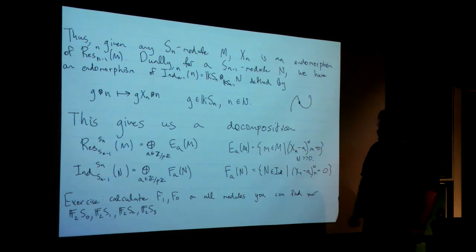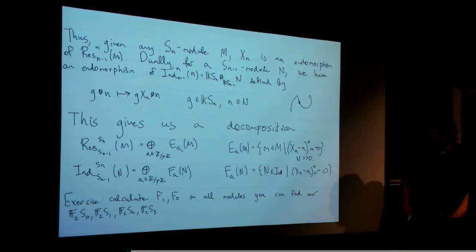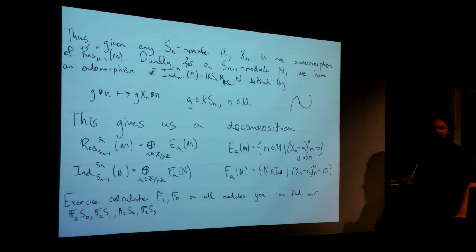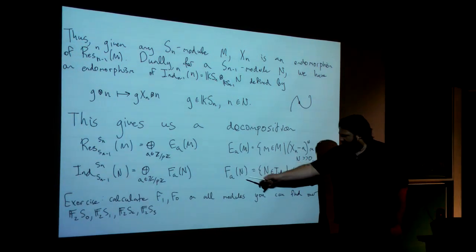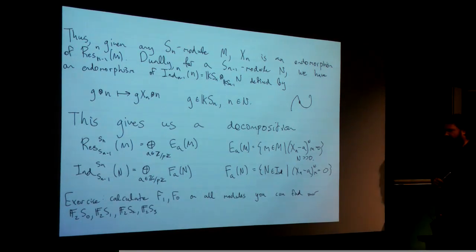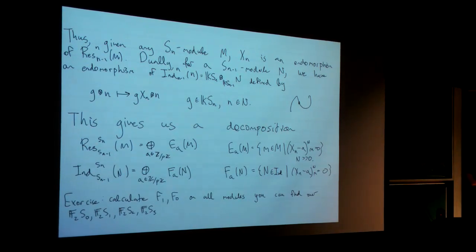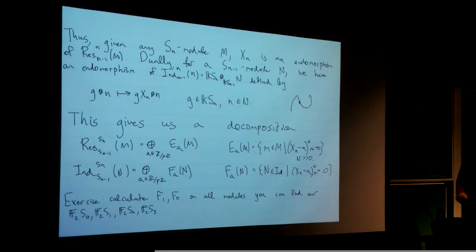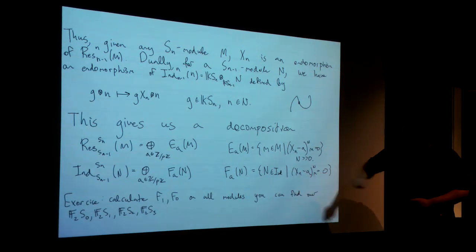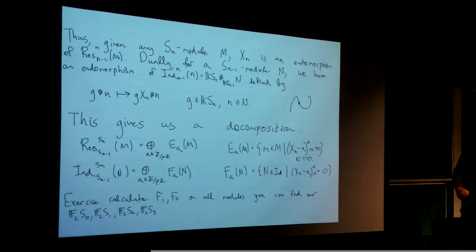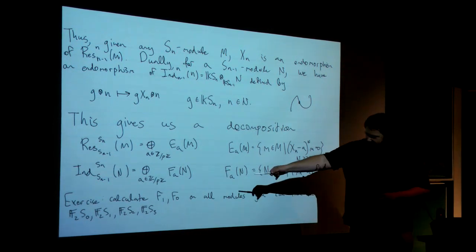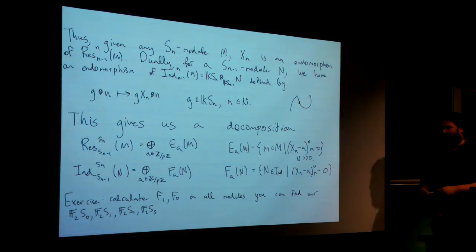E sub A is where I do restriction and look at generalized eigenvalues of Murphy. F sub A is where I do induction and look at eigenvalues of these. And I encourage you as an exercise to compute some of these. It's instructive to do some small computations over F2 for small rings.